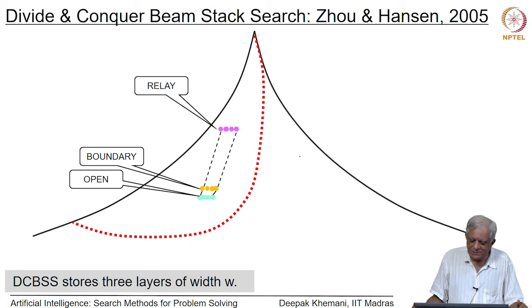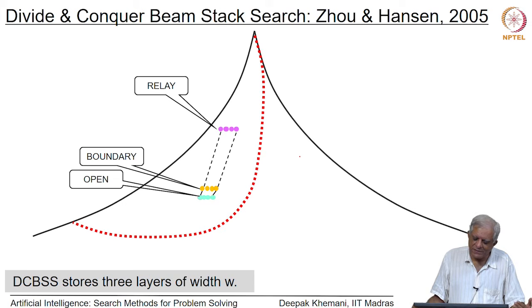And that algorithm was called divide and conquer beam stack search. As you can see, just like we converted beam search into divide and conquer beam search, we can convert beam stack search into divide and conquer beam stack search, which means that we do not keep all the nodes which are there in the beam, we keep deleting them, but we keep a relay layer at roughly the halfway mark, or if you want to adopt the strategy of smart memory graph search, you could do that in a smarter fashion.